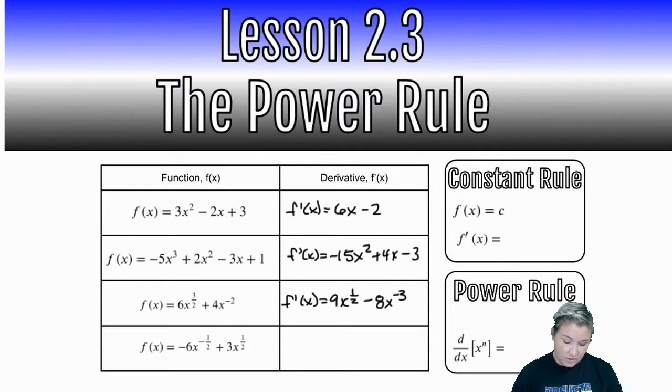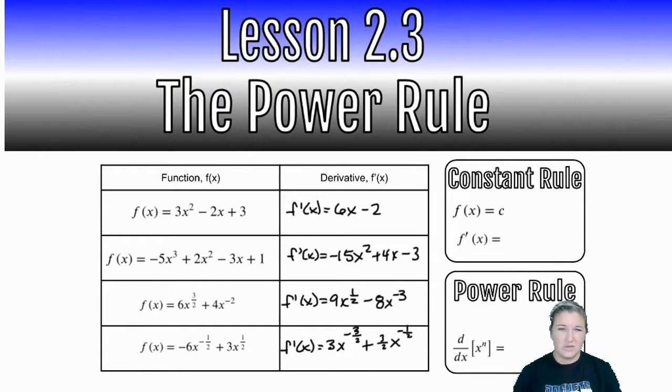Last one: negative 6x to the negative 1 half plus 3x to the positive 1 half. The derivative of that is 3x to the negative 3 halves plus 3 halves x to the negative 1 half.